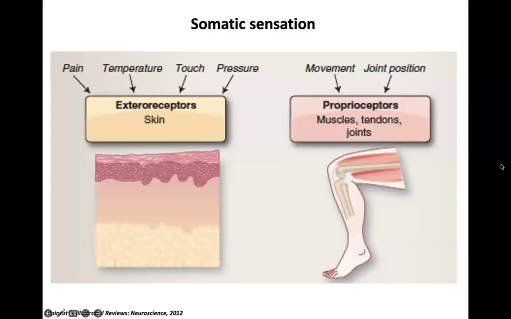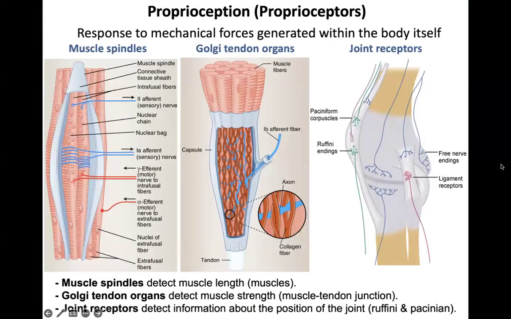All right. So this is the review. We talked about this, right? So somatic sensations, you have both the skin, especially the proprioceptors, right? We zoom in, we have three major types. We have different receptors, right? But majorly we have the receptor in the muscle called the muscle spindle, right? So this will detect muscle length, right? And then we have the Golgi tendon organ. This detects the strength, the force that is put into the muscle.